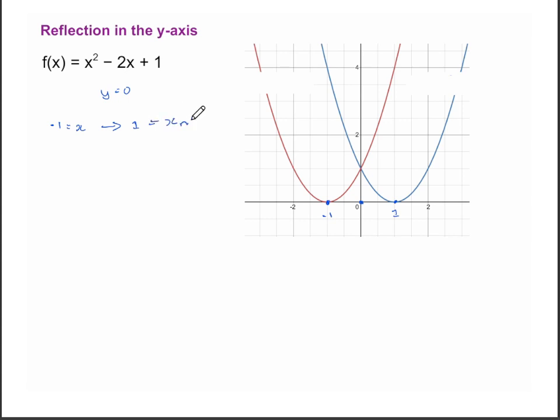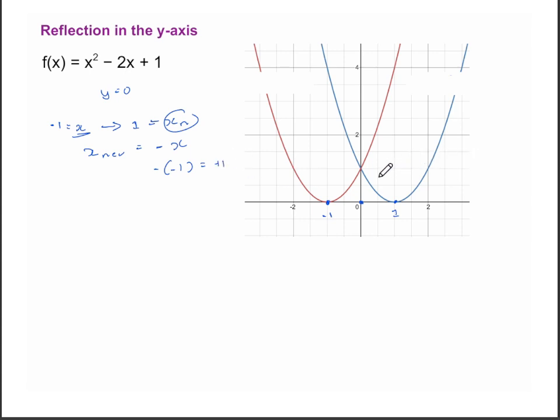Okay, let's just call it xn for new. And if we want to show xn in terms of this x, our new x is just negative of the original x, meaning negative of that negative 1, which will give us a positive 1.